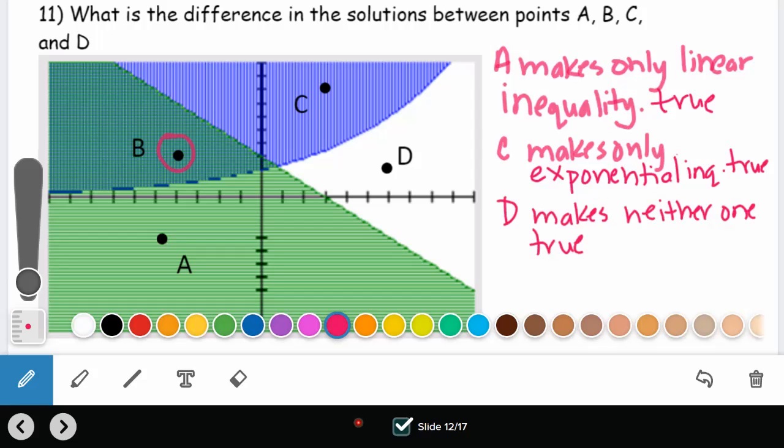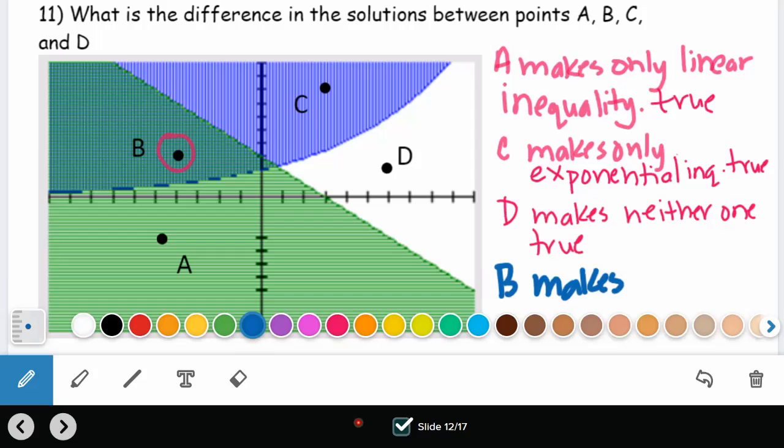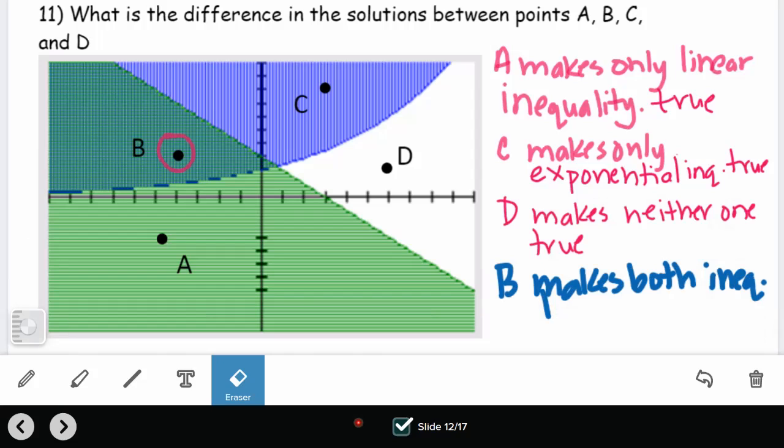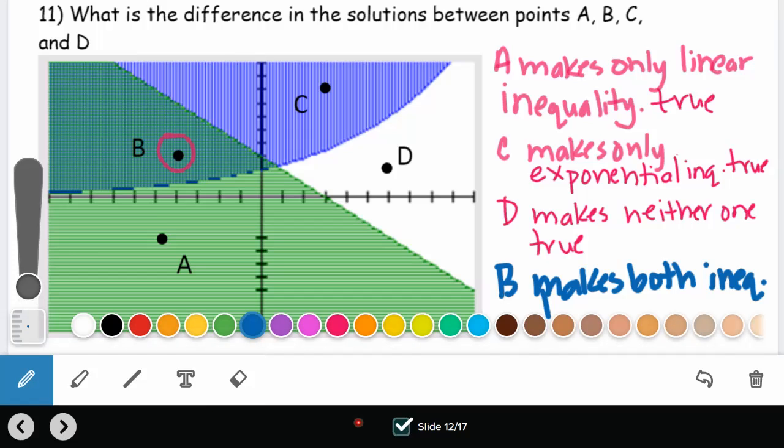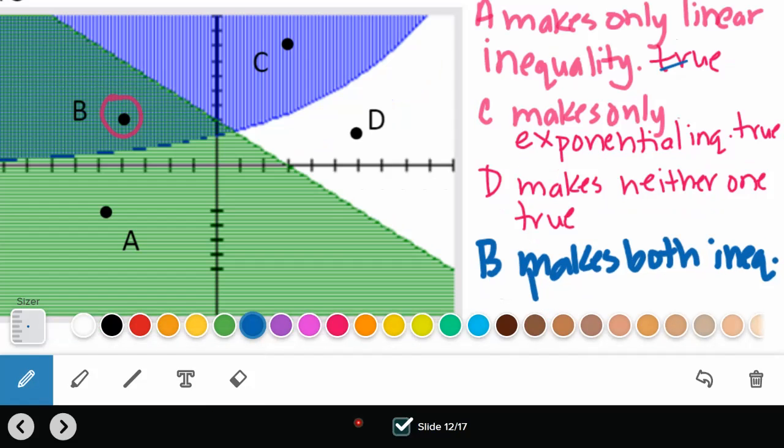And then B makes both inequalities true. And that is our solution. So it's not letting me write. I guess I'm maybe down too far here.